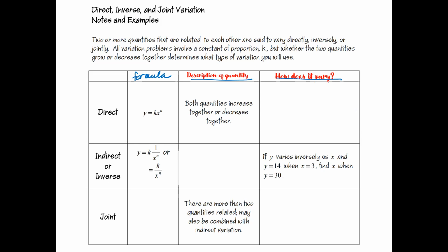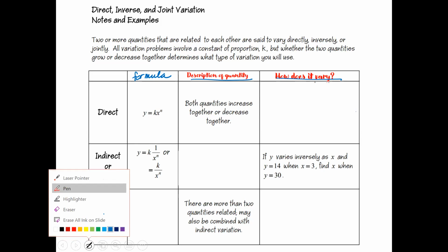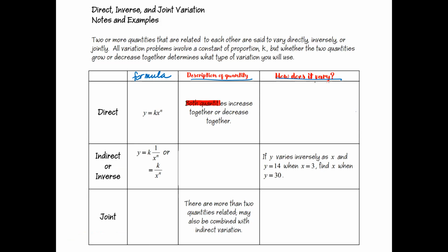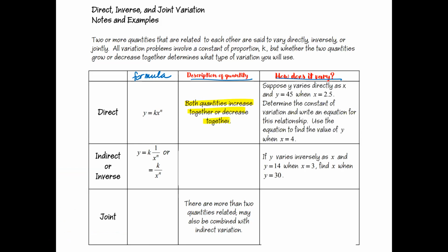All right, so looking at this, the first formula is going to be y equals k times x. The description of that for direct variation is that both quantities increase together and they decrease together. On the other hand, with indirect, notice the x is on the very bottom.